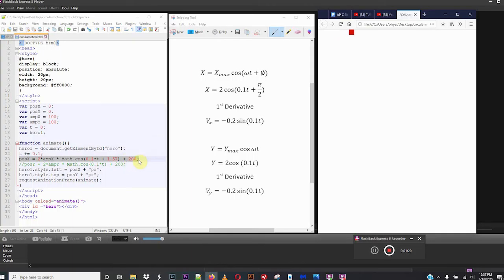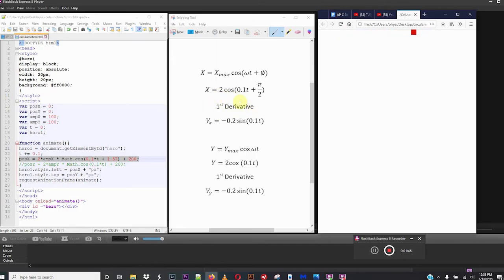The 200 you don't have to worry about. That's 200 pixels, just moving it so that it doesn't oscillate off the screen. So what happens when we have this position x formula? It moves back and forth from 0 to 2 pi with an amplitude of 2 on either side from the equilibrium. But what if we want to know how fast it's going?